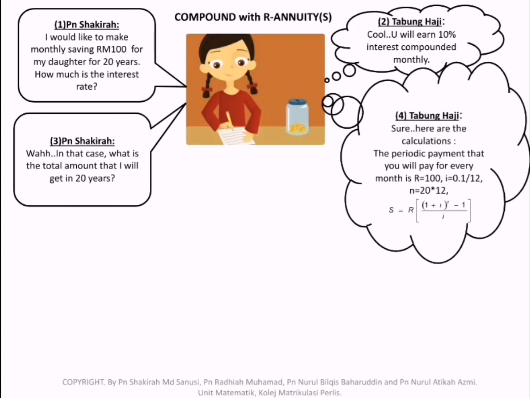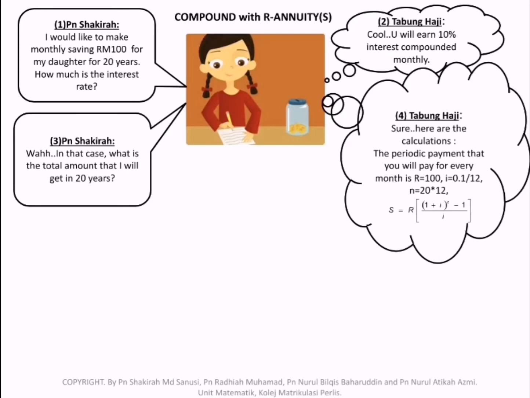Okay, sure. Here is the calculation for your inquiry. The periodic payment that you will pay every month is RM100. Your interest rate I equals J over M, which is 0.1 over 12. Then your N will be T times M, which is 20 times 12.